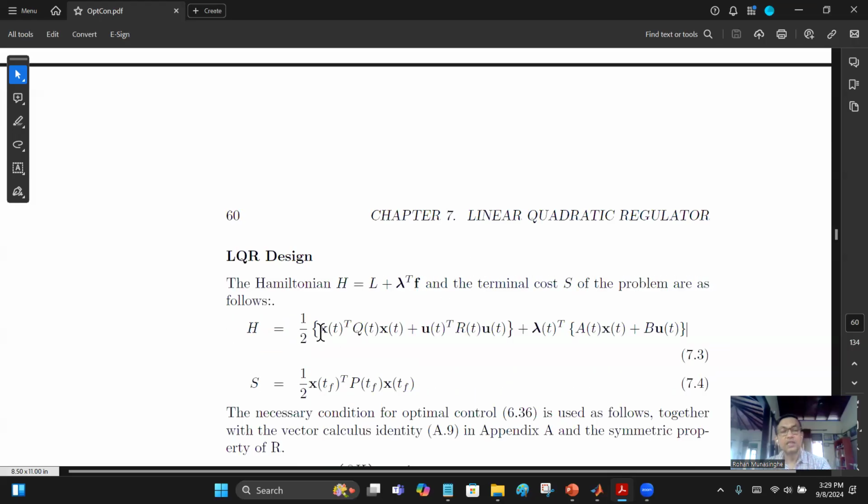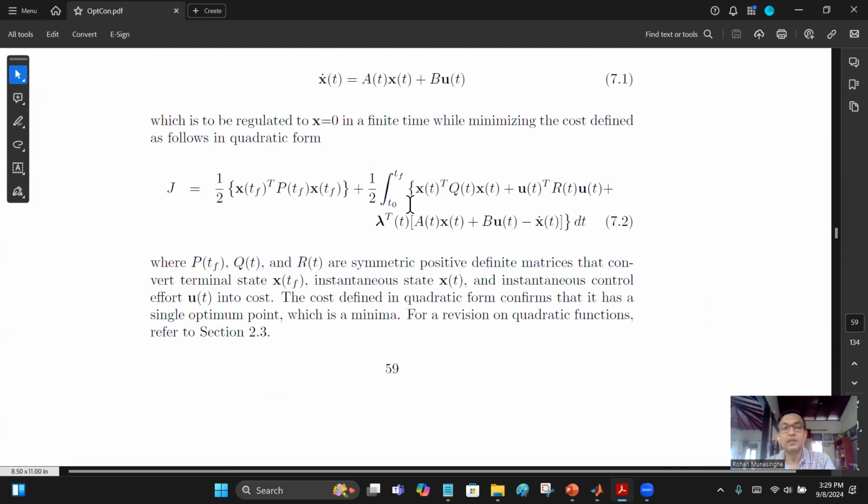You can see this is the running cost. This is the system dynamics. So you combine these two together, running cost and system dynamics. This part over here without the integration is the constrained running cost.